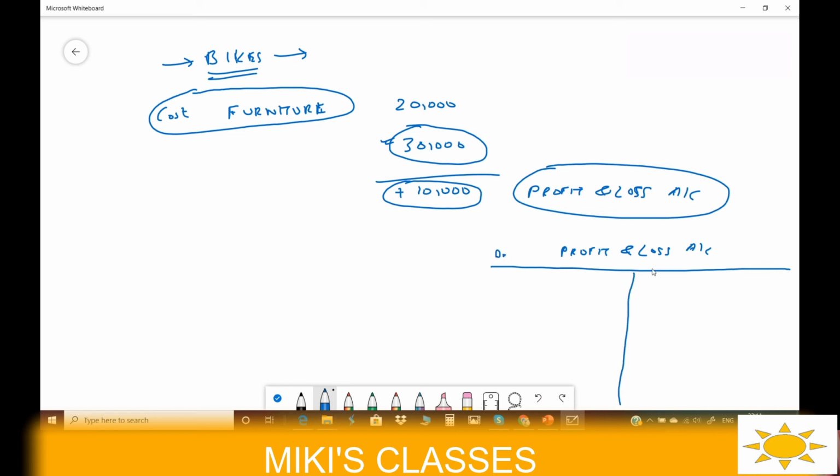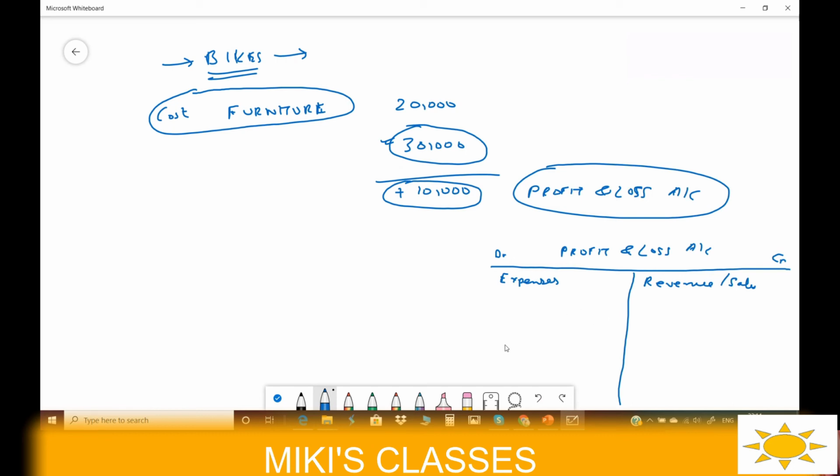Okay, this is the debit side, this is the credit side. This has what you call as revenue or sales, correct? And this side will have all the expenditures, all the expenses which you make to get this bike.